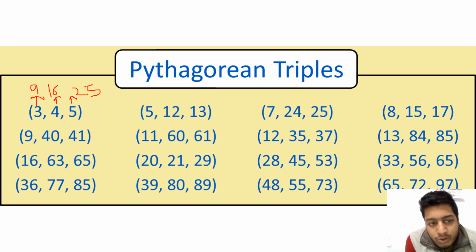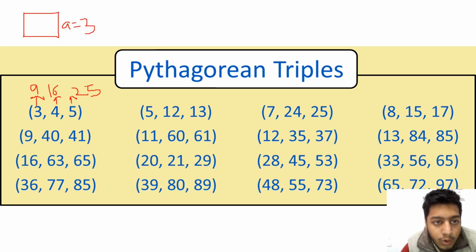Also, this can be understood as the area of a square whose side is 3. If I construct a square over here, and I say that the side of the square is A, which is equal to 3, everyone would be knowing the area.